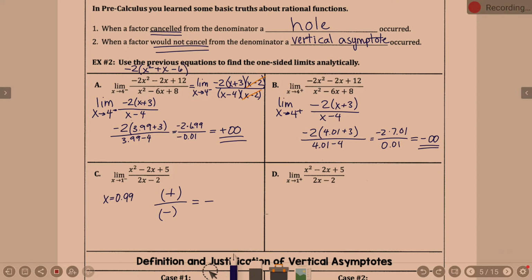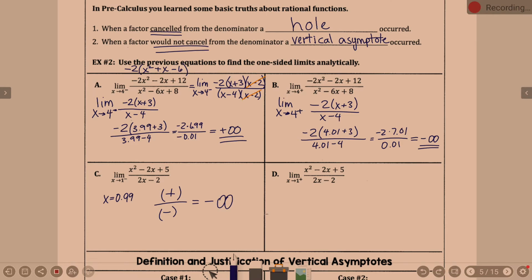Now, in this case, this negative on bottom is getting really, really close to what? If it's 2 times a number that's almost 1 minus 2, it's really close to 0. This number on top is a bigger number. So what are we looking for? This is going to end up being negative infinity, because it's a positive divided by a negative, and it's getting very close to infinity there.